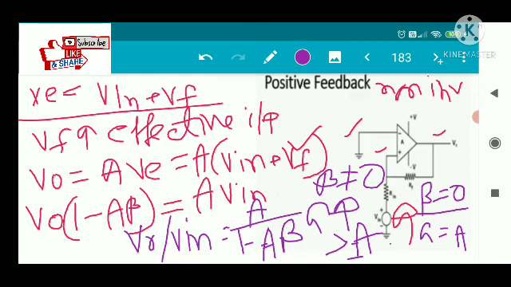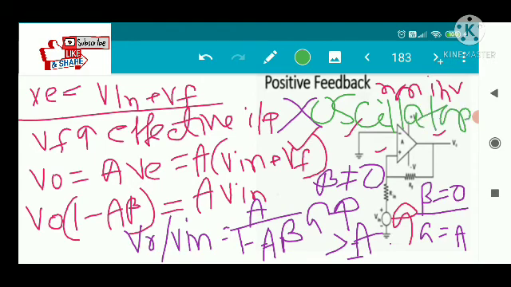That is no use in the case of an amplifier. An amplifier should be in the linear region. That is not here, so it is not used as an amplifier. It can be used as an oscillator. So the positive feedback or the non-inverting input of the op amp can be used as an oscillator.